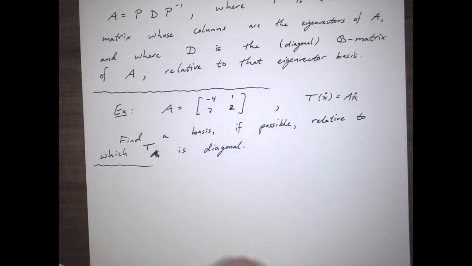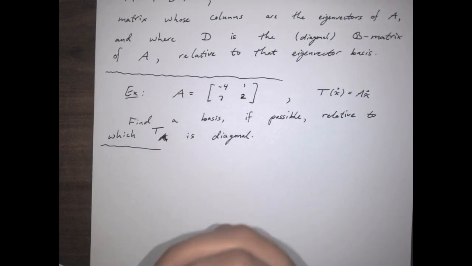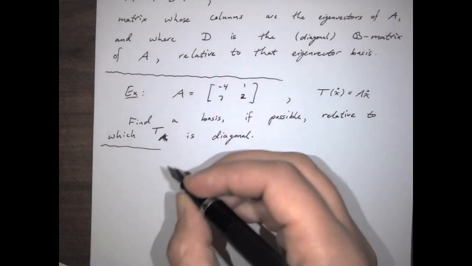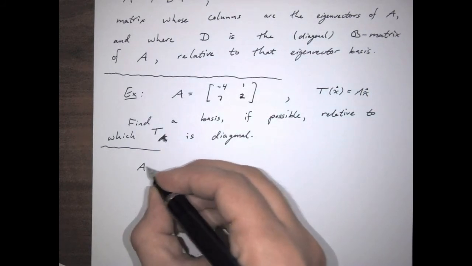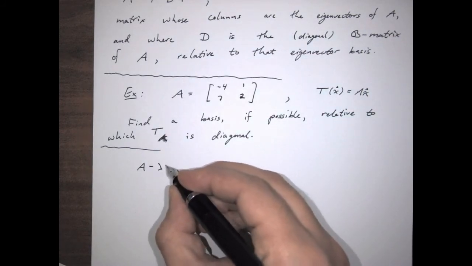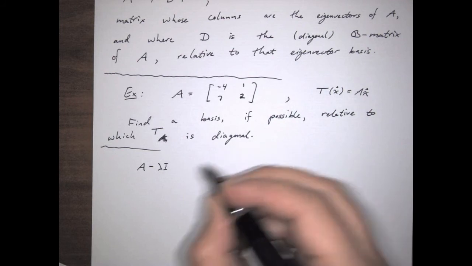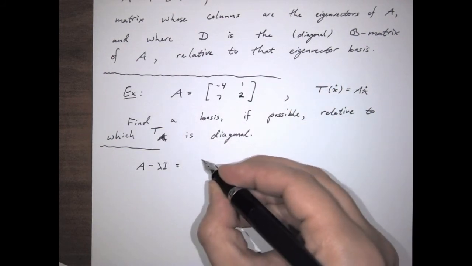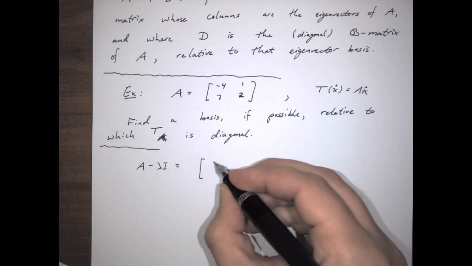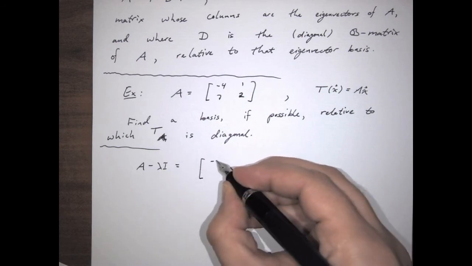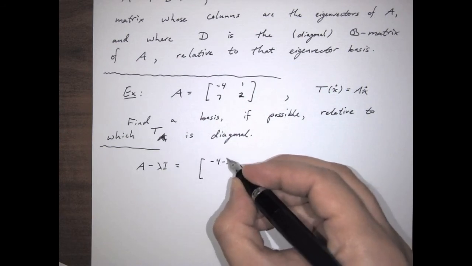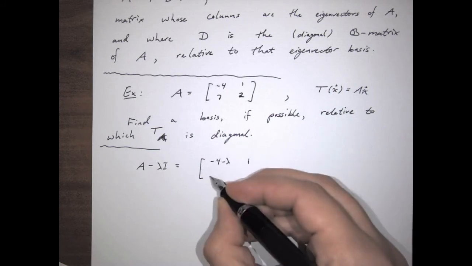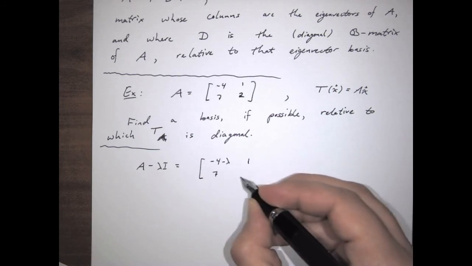Okay, well, what it all amounts to is determining whether A is diagonalizable or not. So, to determine that, what we need is to look at the eigen situation. So we'll look at A minus lambda I, which is the standard setup when considering all things eigen. So that's going to be subtracting lambdas from along the main diagonal.